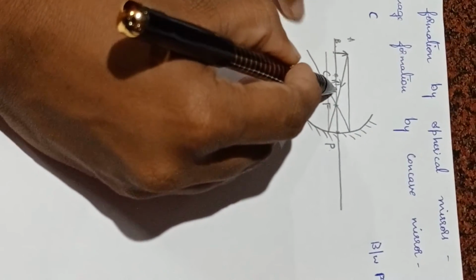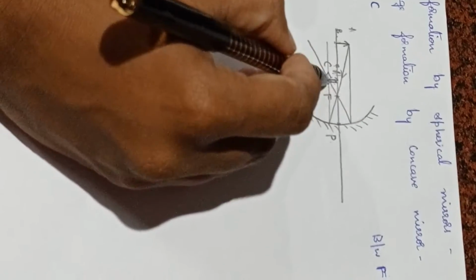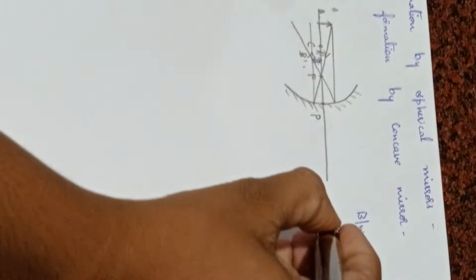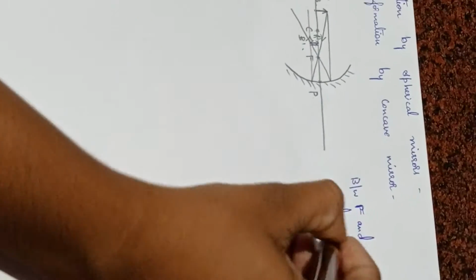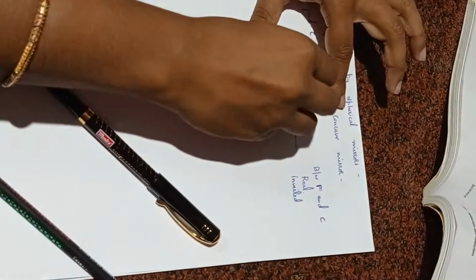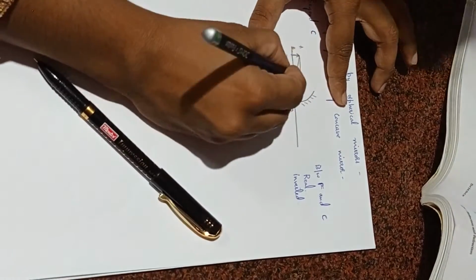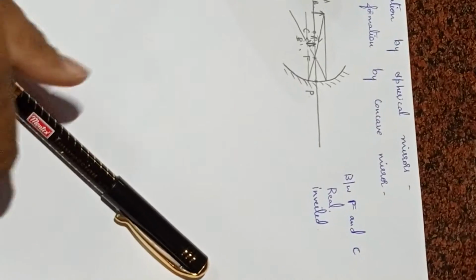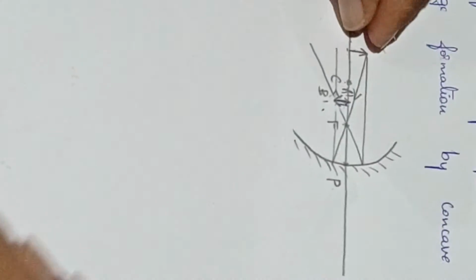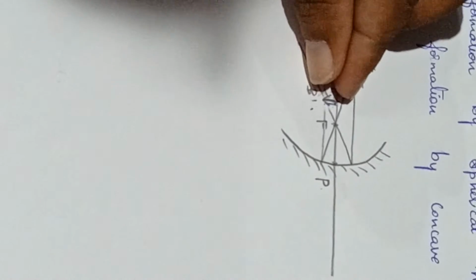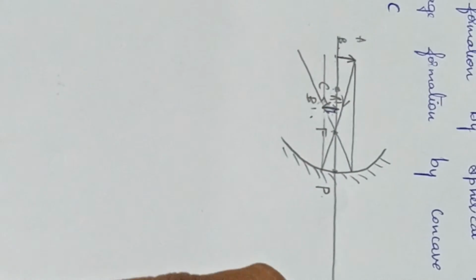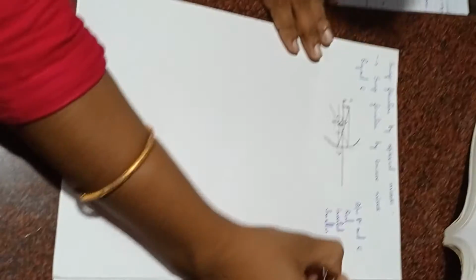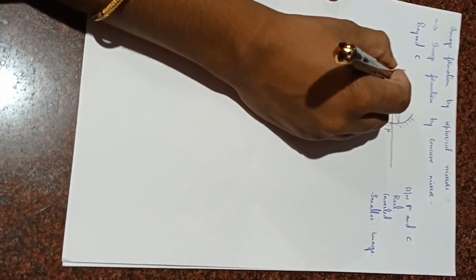The image formed is real and inverted, upside down like this. The image is smaller than the object size. The object size is this, and after reflection the image is this, so you get a smaller image than the actual size.